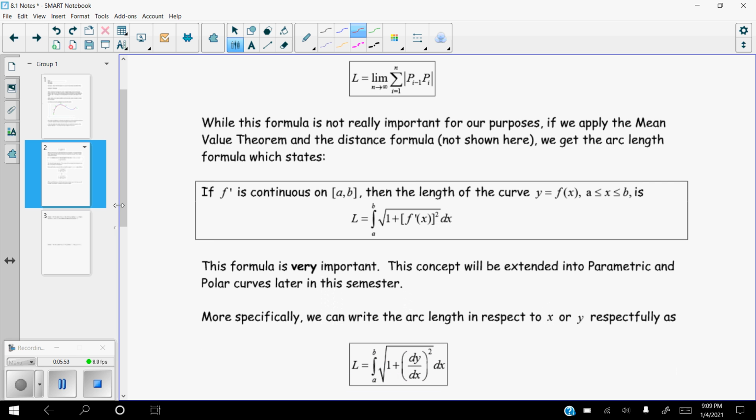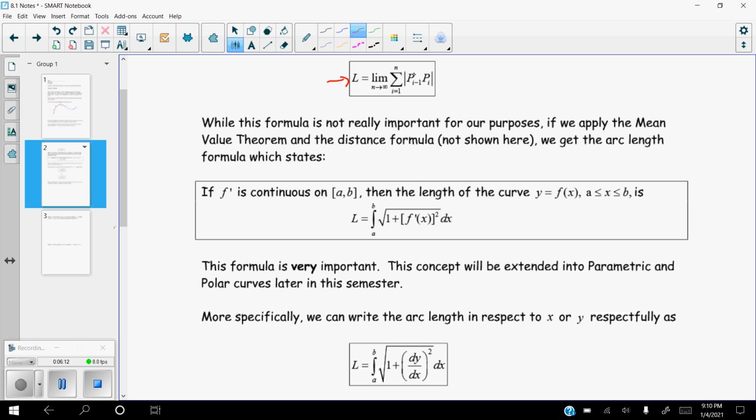So we're going to take the length of the curve, which we're calling L. It's going to be the limit as n approaches infinity, because we want an infinite number of them. And we're going to take the sum of all of the line segments from p sub i minus 1 to p sub i.